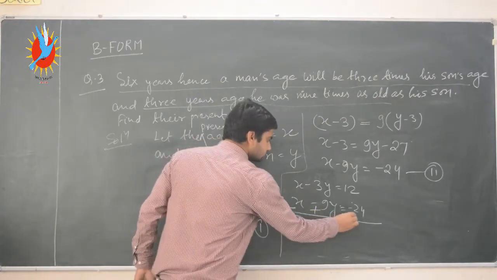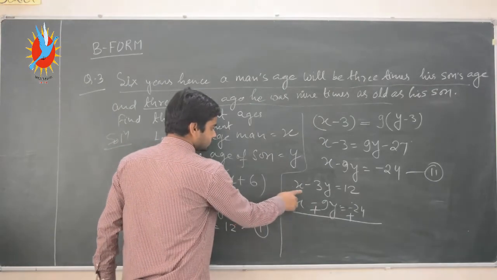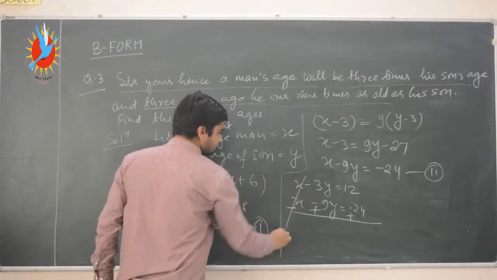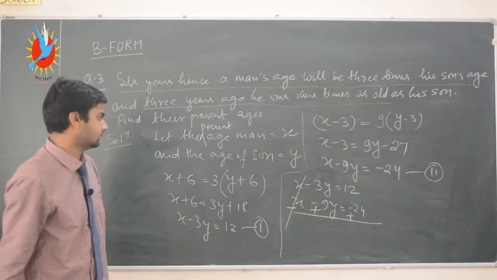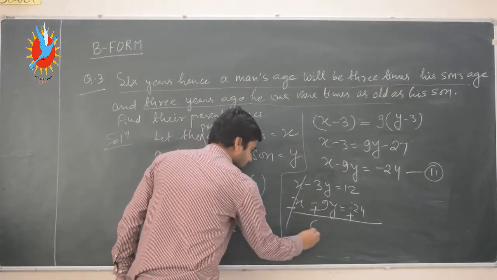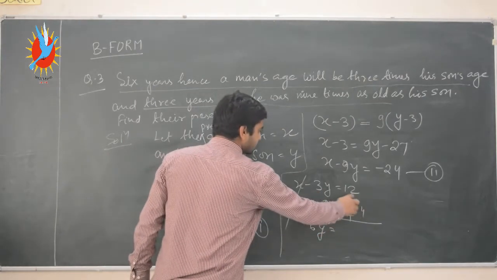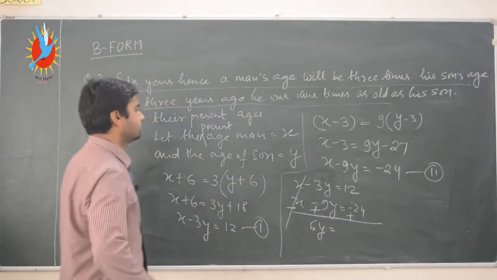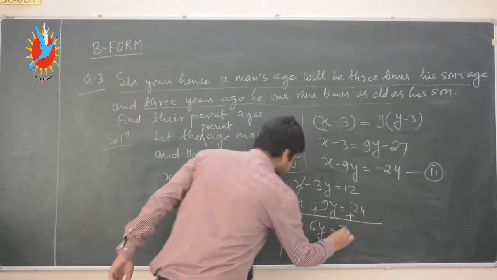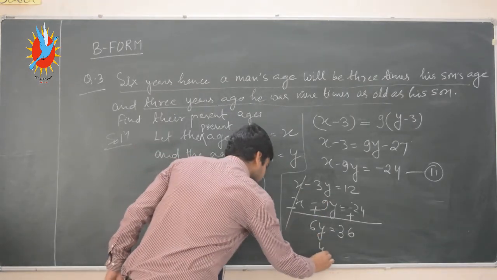Now x is positive here and negative there, so x and minus x will get cancelled out. Here we have plus 9y, here we have minus 3y, so we will get 6y. Here it is 24, here it is 12, so 12 plus 24 will make 36. So 6y equal to 36, that is y equal to 6.